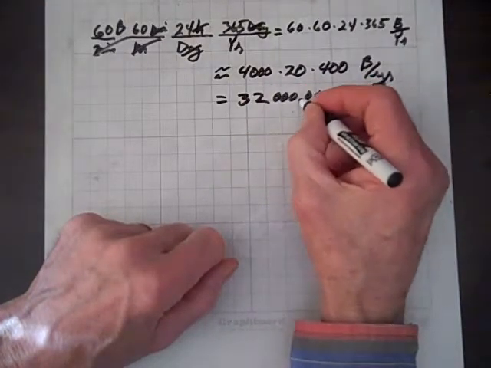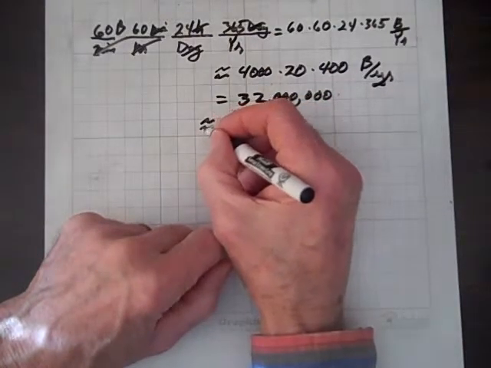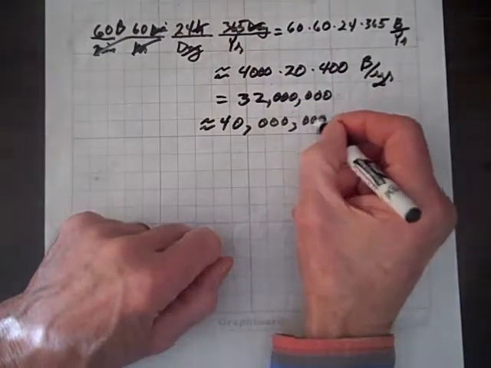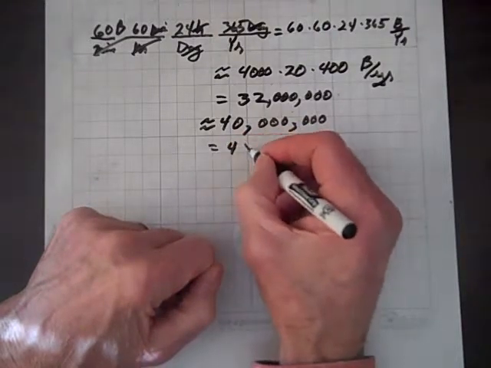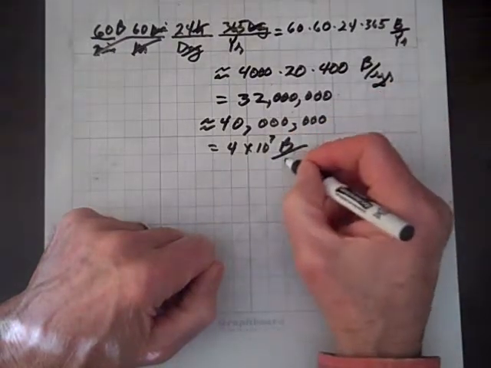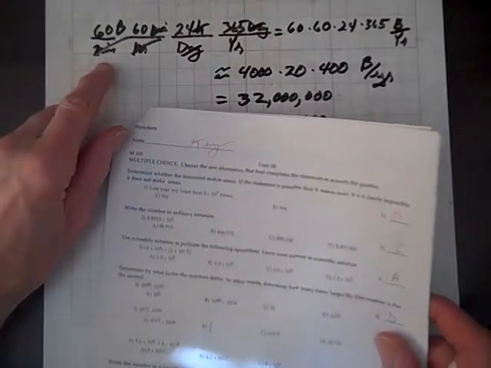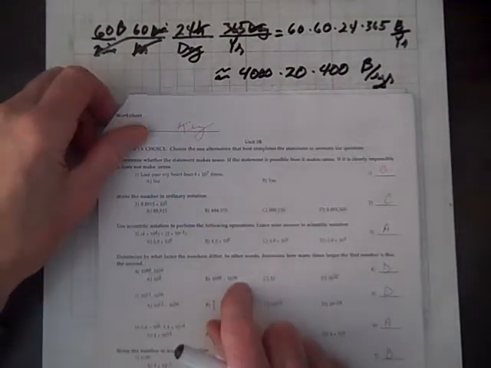Now we're going to round this up to 40 million, which is 4 times 10 to the 7th beats per year. And so yes, it does make sense. A person could have 4 times 10 to the 7th heartbeats in a year.